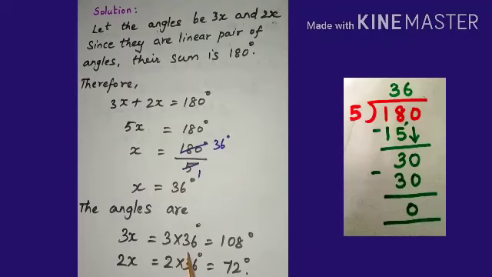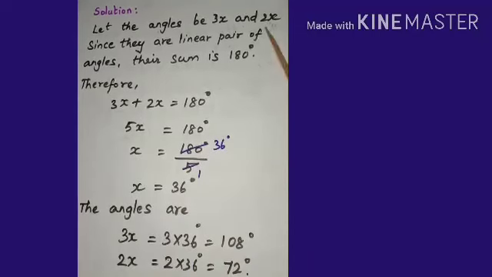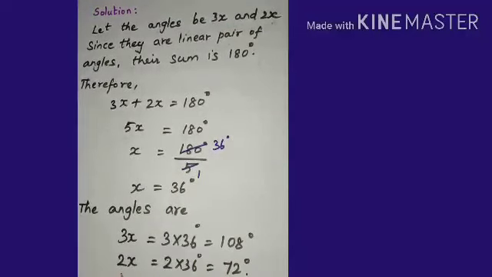The value of x is 36 degree, so 3 into 36 is 108 degree. And 2x, the other angle, is 2 into x, x is 36. So 2 into 36 is 72. So the two angles which are in the ratio 3:2 are 108 degree and 72 degree.